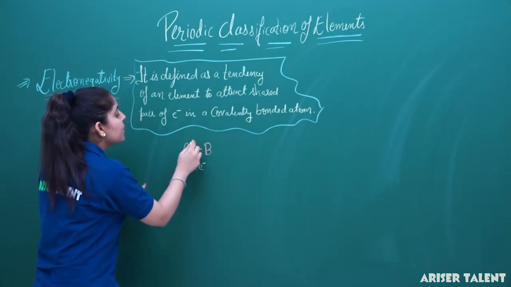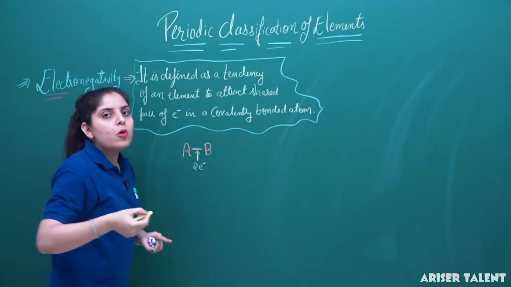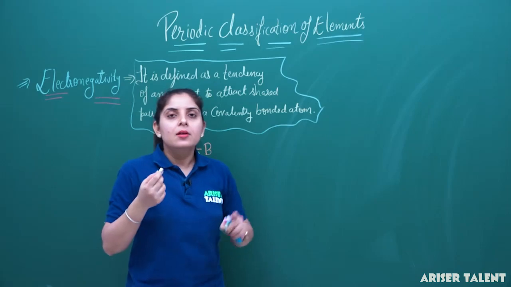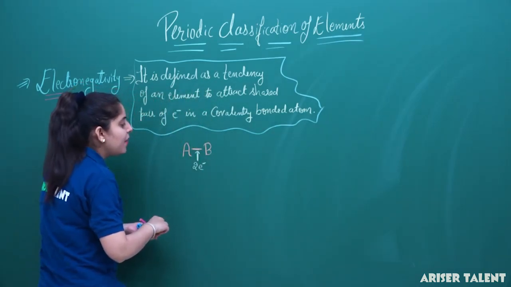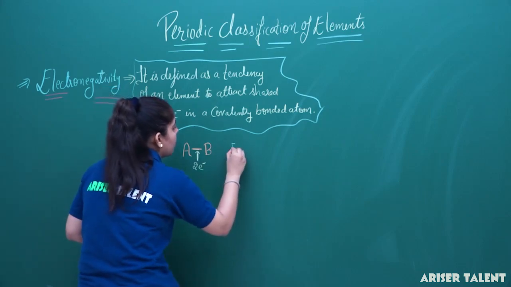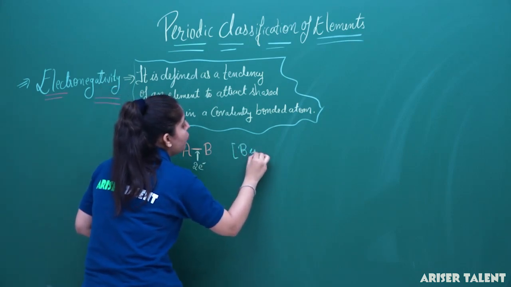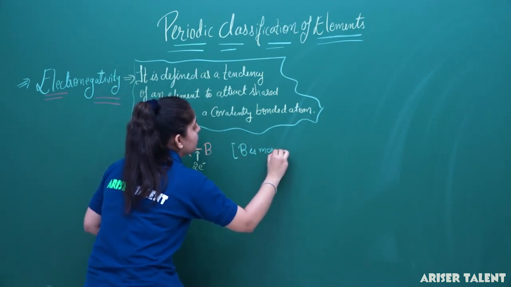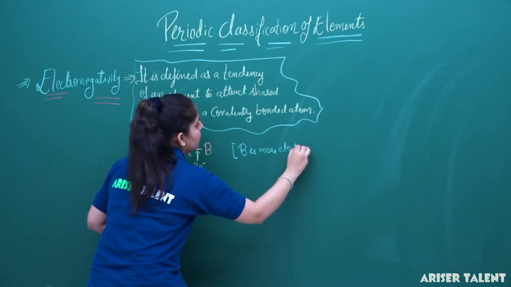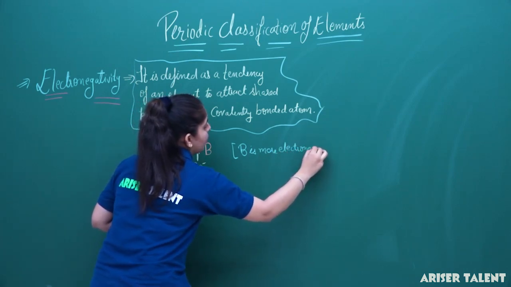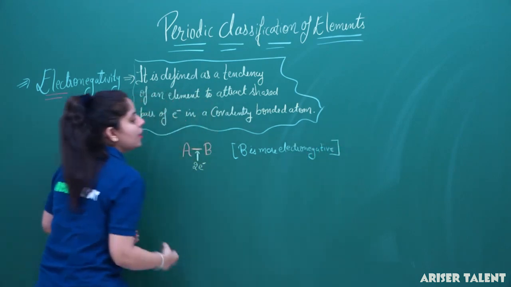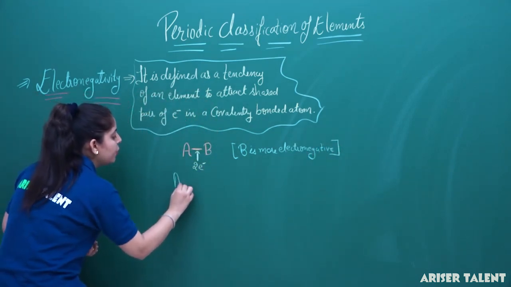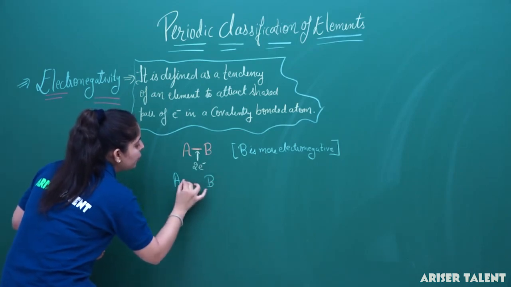It means one element is more electronegative as compared to the other. Now if I am assuming that B is more electronegative, what will B do?